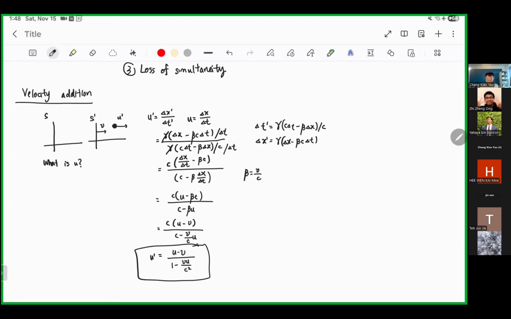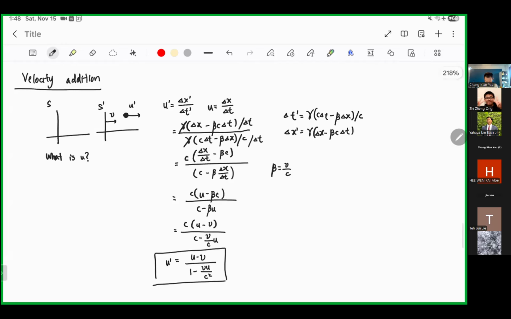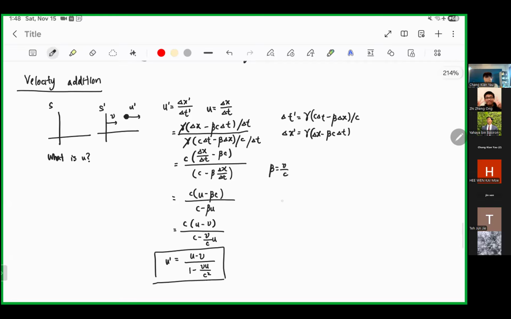Okay, now we can check if this is the relativistic version. We want to check if it obeys the non-relativistic version. I think we're doing some sanity checks. A nice way to see things is, when v equals 0, then u prime basically equals u.